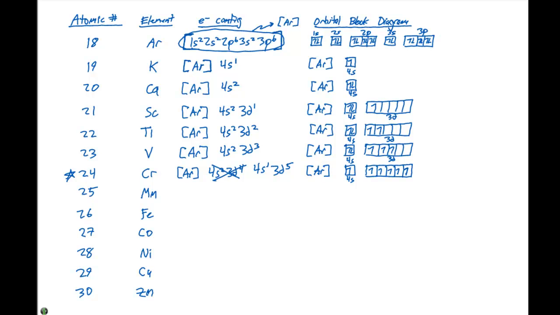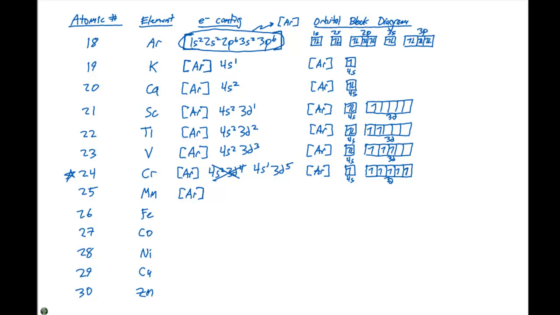So there's no spin pairing energy cost in any of these orbitals. And we find by representing it this way, with 5 unpaired electrons in the 3d and 1 in the 4s, that it's actually lower in energy than if we had 2 electrons paired in the 4s orbital and left 3d4. So this is an electron configuration that is an exception to the rule. Molybdenum, which is right below chromium in the periodic table, is also going to see the same exception.